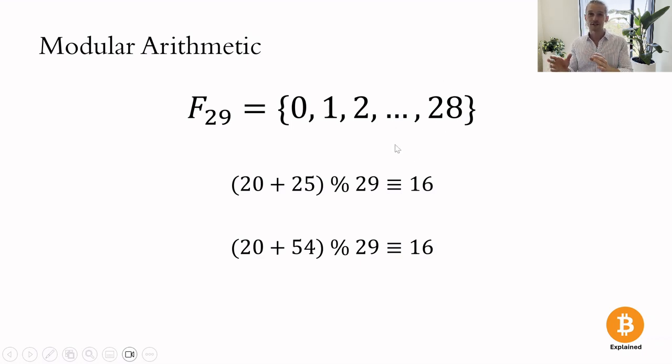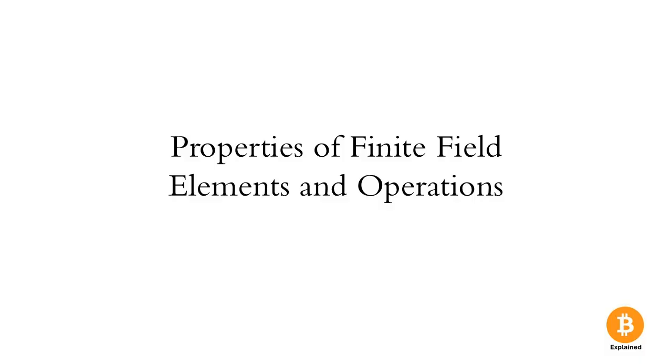And then there's a lot of different elements that are congruent to these numbers as you take the integers higher and higher and higher. So any almost infinite amount of integers could be converted into one of these finite field elements by doing modulo 29 and then finding the remainder, or what that is congruent to. That's just what this means.